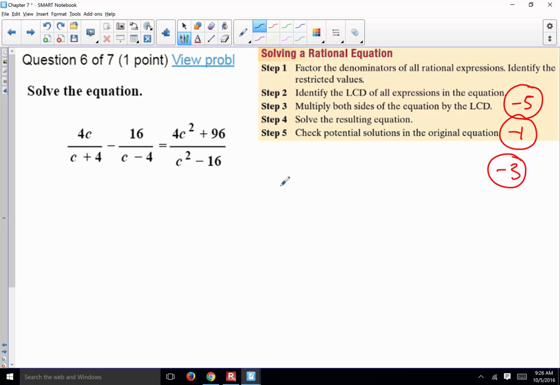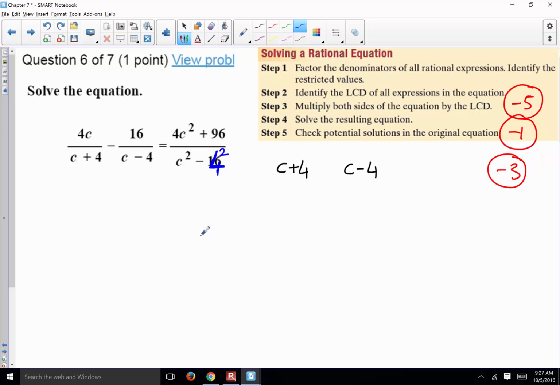So first, factor all the denominators. Can you factor c plus 4? No. C minus 4? C squared minus 16. If you take a deep look, that's not 16 actually, it's 4 squared.